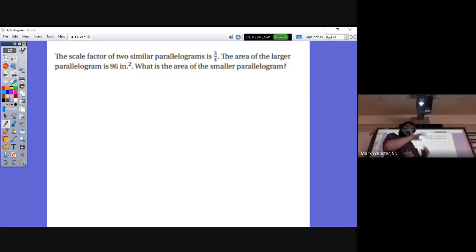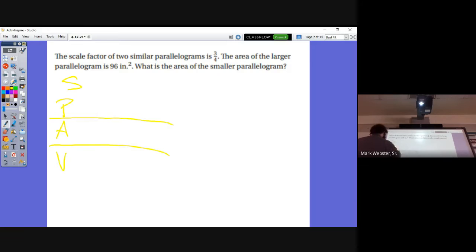Make sure that it's 3/4 instead of 4/3, right? So when we go through with this, leave it as 3/4. That way, all you have to do is multiply.